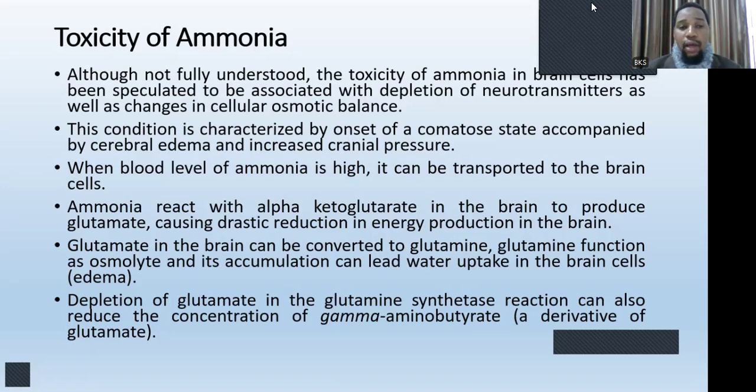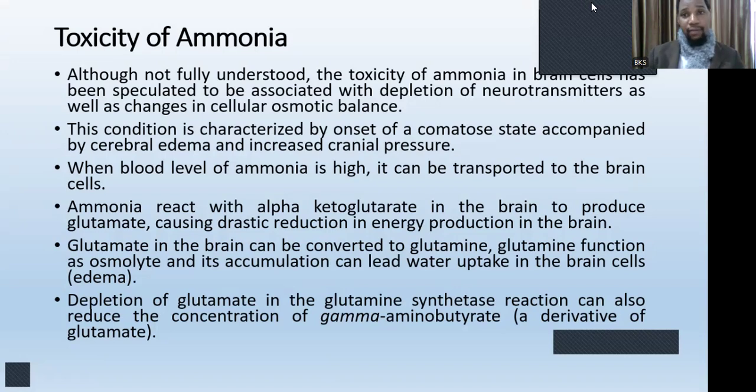So, how does it happen? When you have a high blood level of ammonium, this ammonium can be transported to the brain, pass through the blood-brain barrier, and get to the brain. So many things can happen.